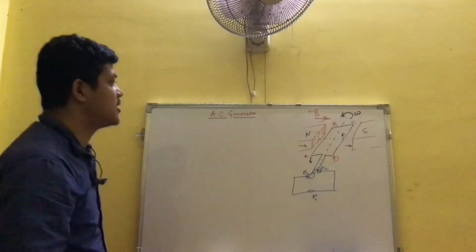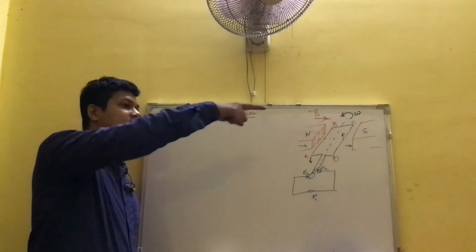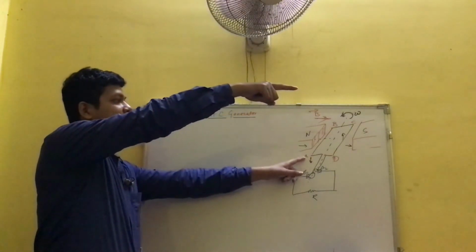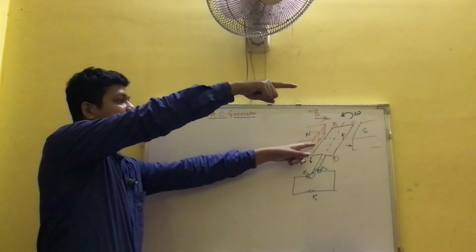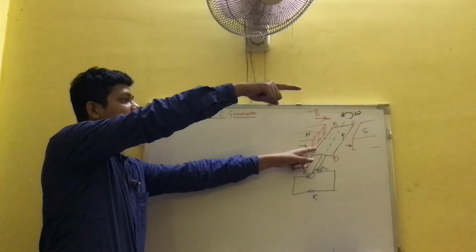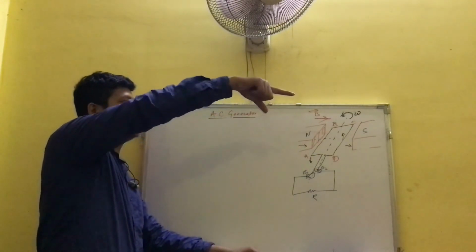So here you see the direction of the magnetic field. The direction of the magnetic field is the first finger, the forefinger you can say. First, let us determine the direction of the induced current in this arm AB. So this is the direction of the magnetic field, and it is pushed downward.